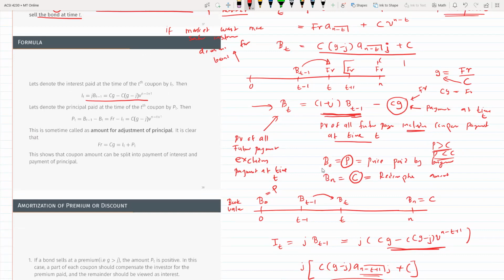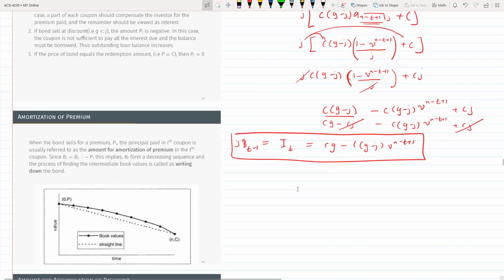Now remember during the loan payment, we learned that the payment size should be IT plus PT. This is interest, this is the principal amount. We know the payment amount is Fr, or in other words Cg. So IT plus PT should be Cg.